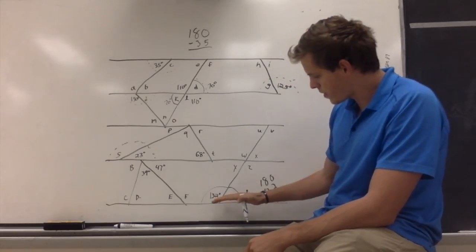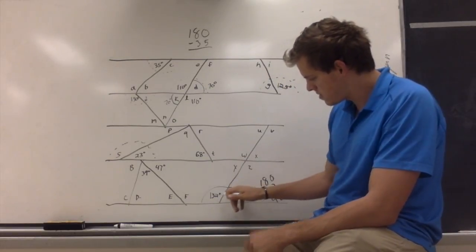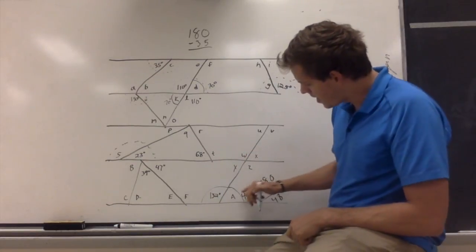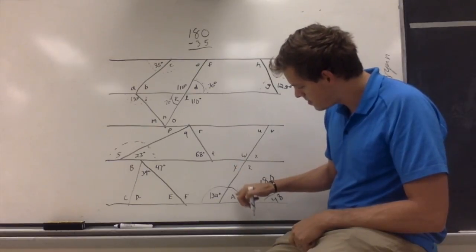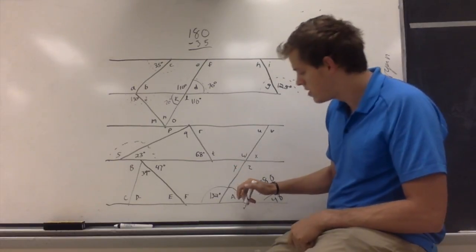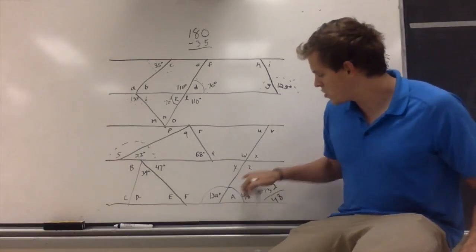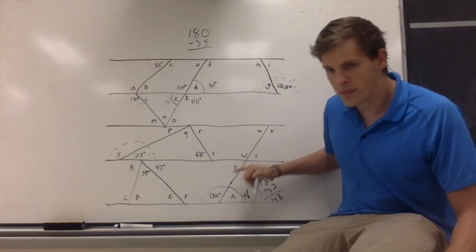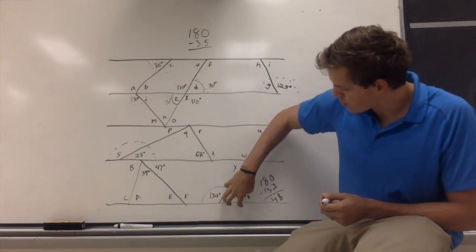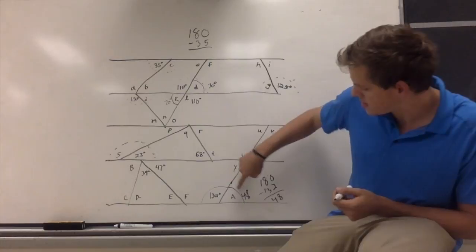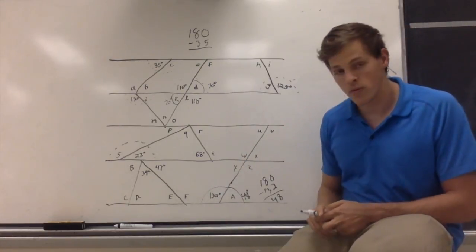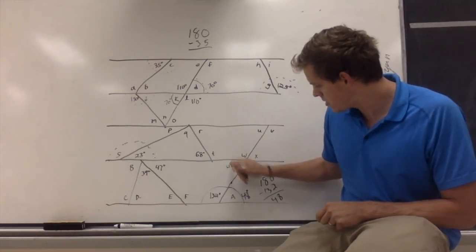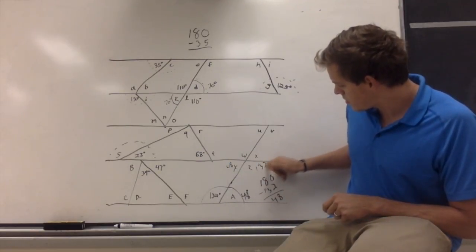And if this is a parallel line right here, A and Y are going to be congruent, and this 132 and Z are going to be congruent. If we put a dot right here, the midpoint between the two, and rotate about that point to get from A to Y, we would see that they're congruent. So this is 48, and this is 132.